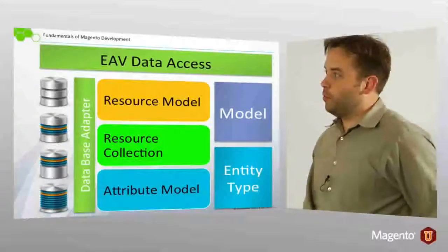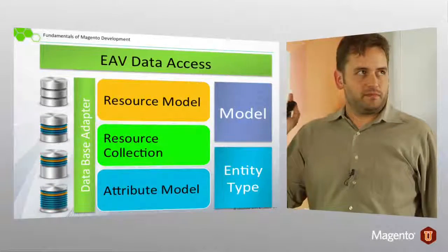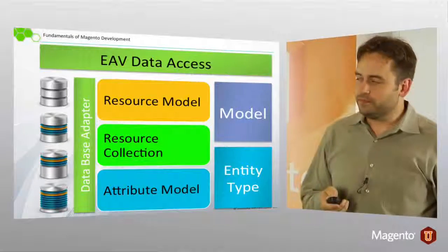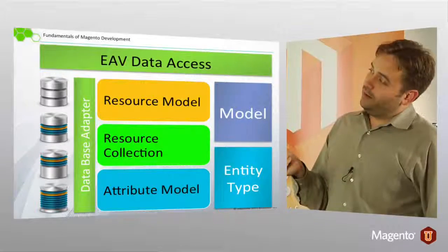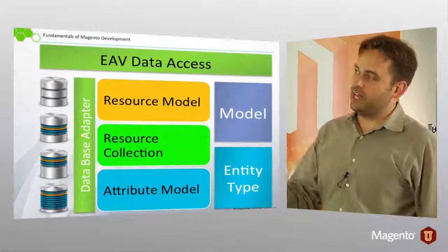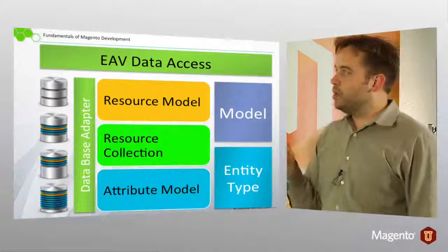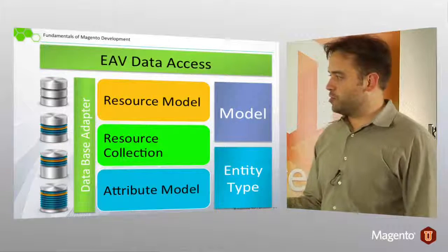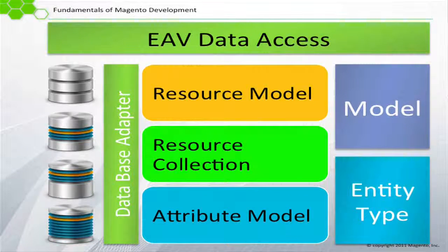We had this slide earlier today: the resource model and the resource collection, and the model, database adapter and storage. With EAV entities, we introduce the entity type and an attribute model.